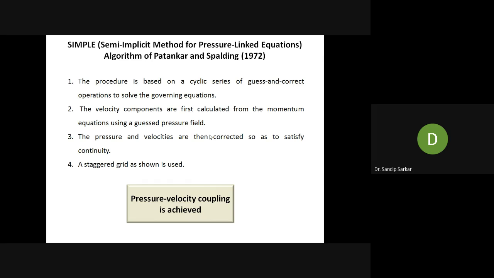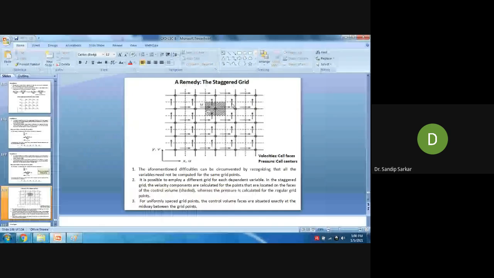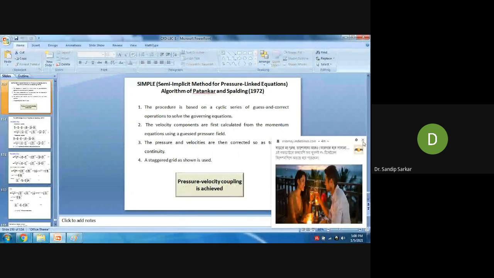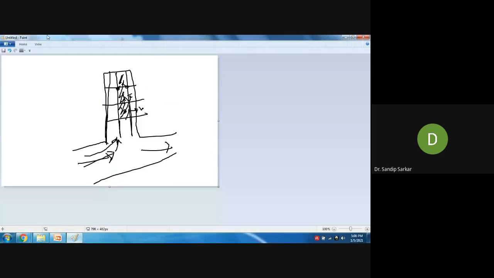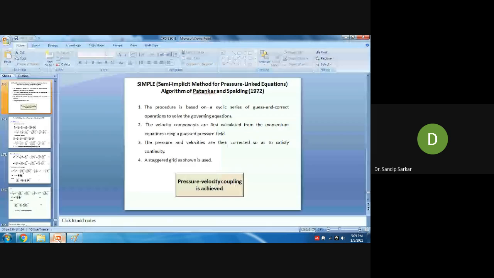So how is it solved? What is the algorithm? I can say in a nutshell, and give you one example of the method. The method involves a predictor-corrector step, that is, prediction and correction. You first predict the velocity.